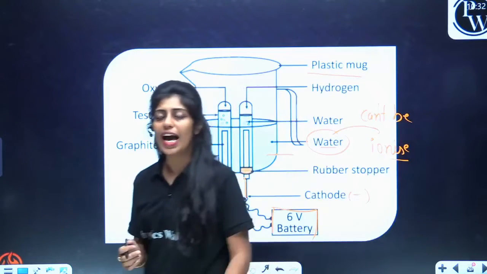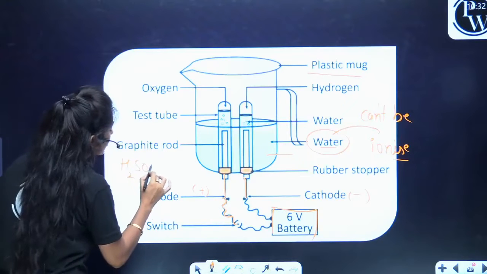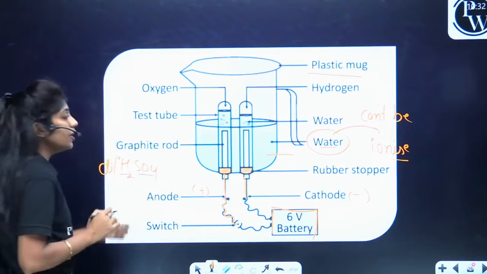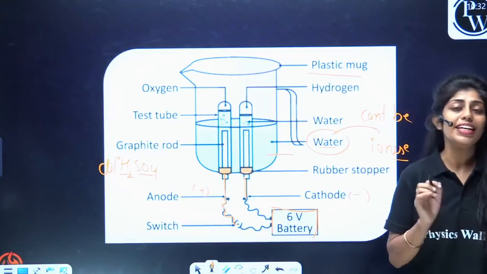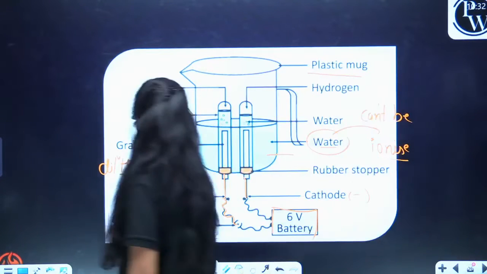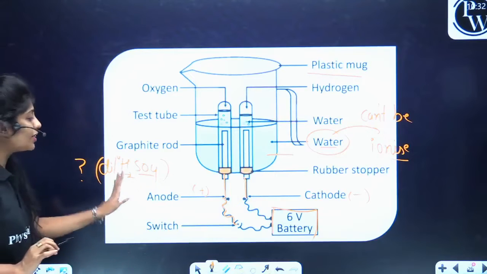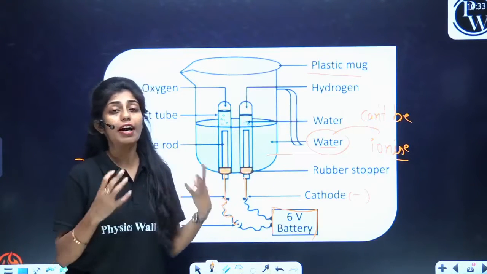So we will be adding a few drops of dilute H2SO4. That will be a good electrolyte that will help decompose water into ions. So the function of H2SO4 is clear here: it makes the water get ionized.